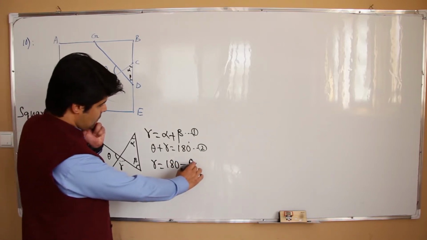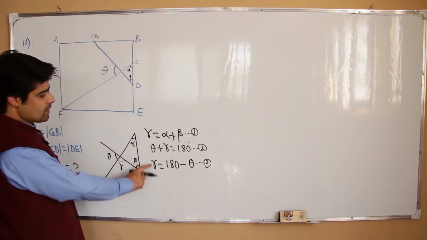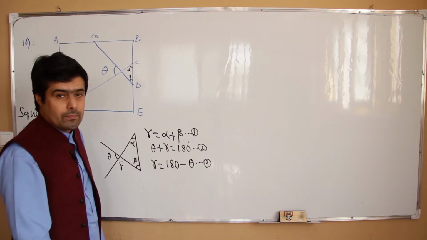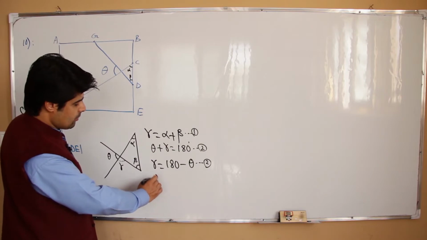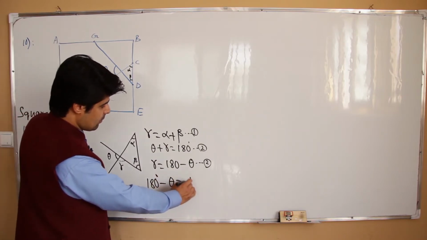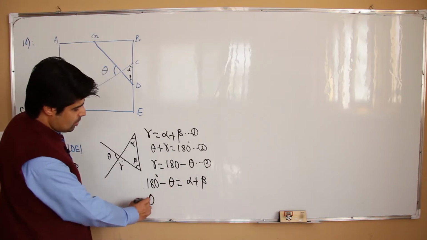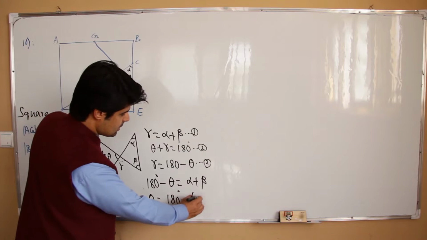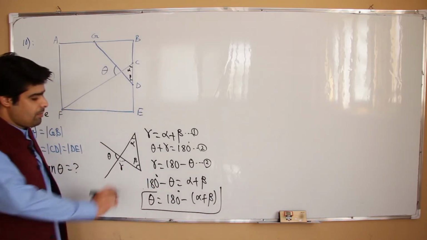Now, in equation number 2 and equation number 1, left sides are same, so right sides should be same. I mean 180 degrees minus theta is equal to alpha plus beta. If I find theta, it would be 180 degrees minus (alpha plus beta). Am I right or not?